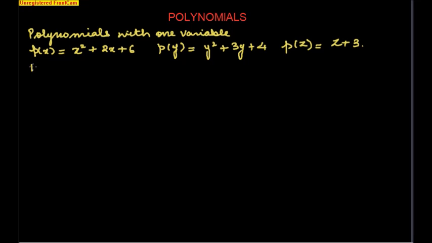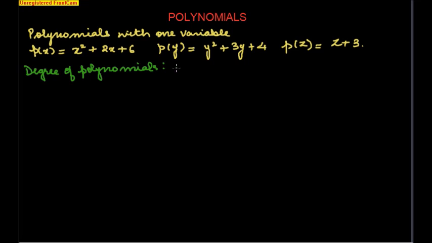Now, the degree of a polynomial. So what is the degree of a polynomial? In the above mentioned polynomials, you can say that the first two are similar and the third one is different from the first two. What is the difference? The difference is the degree.